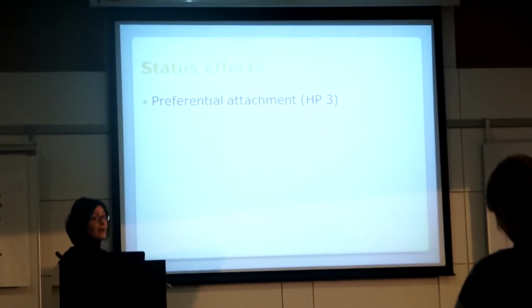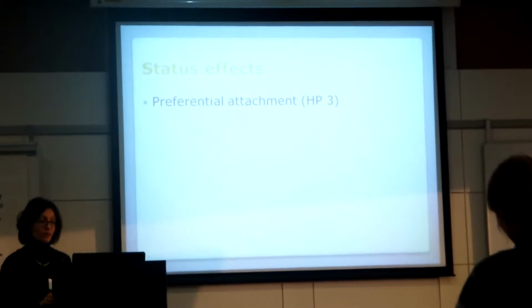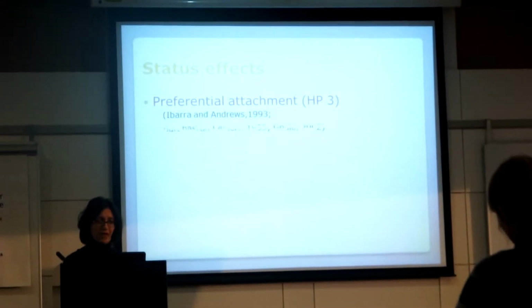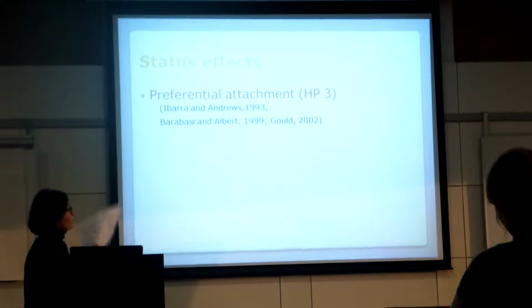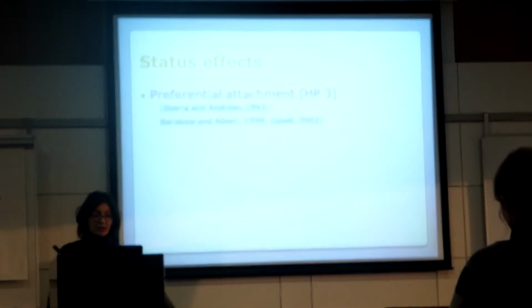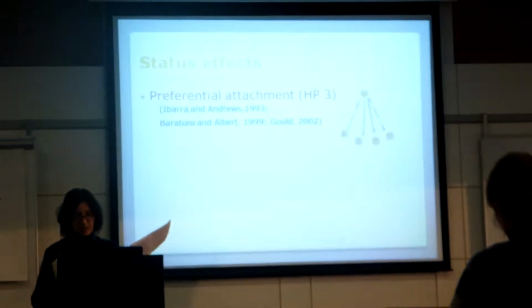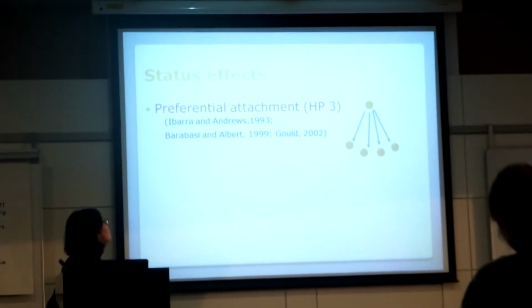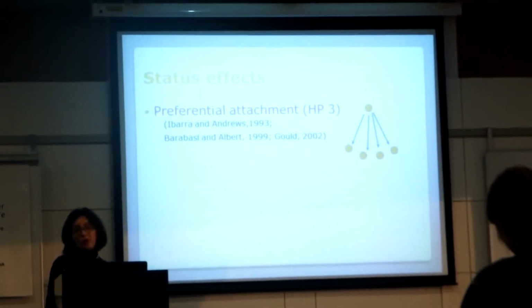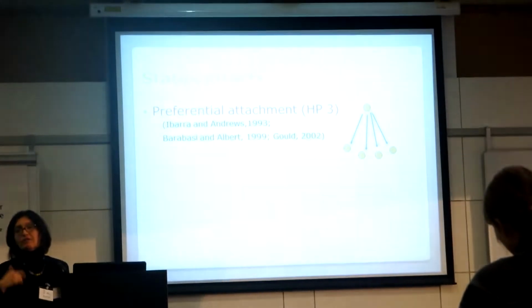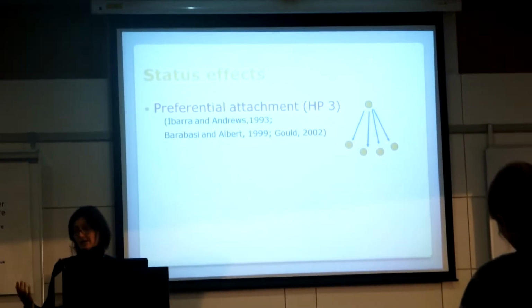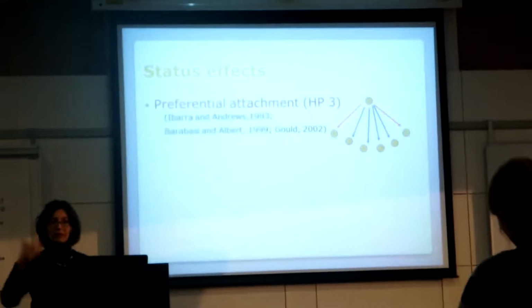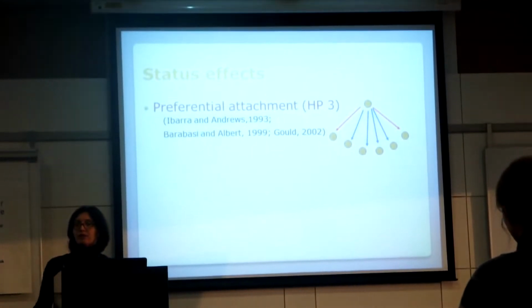There are two mechanisms that are typically associated with the status effect. One became known in the literature as the preferential attachment mechanism. It is basically based on the idea that if an actor has many ties at time 1, it will increase the number of ties over time.